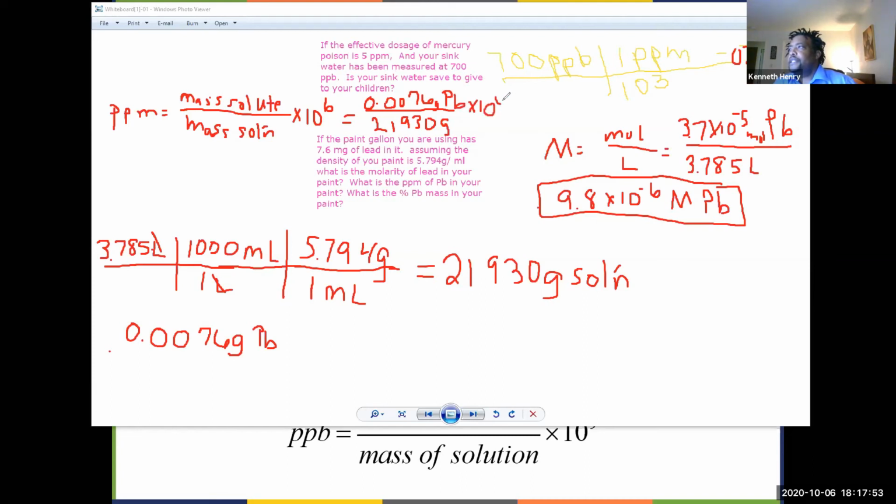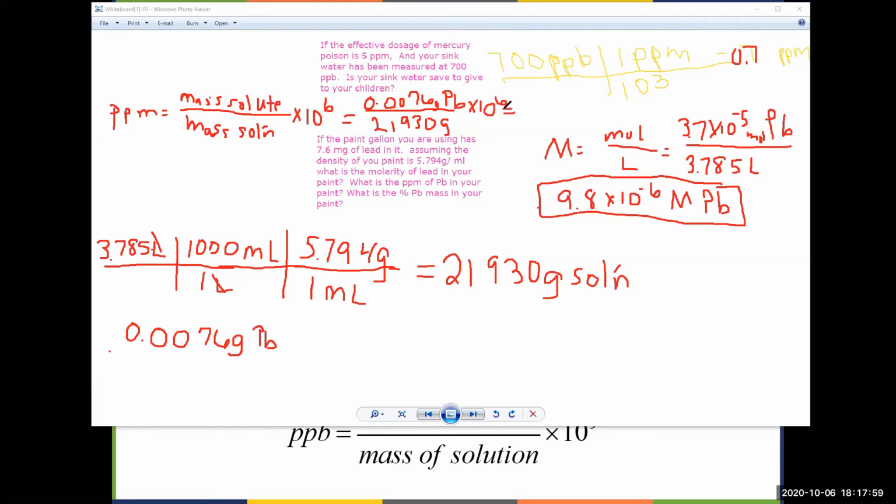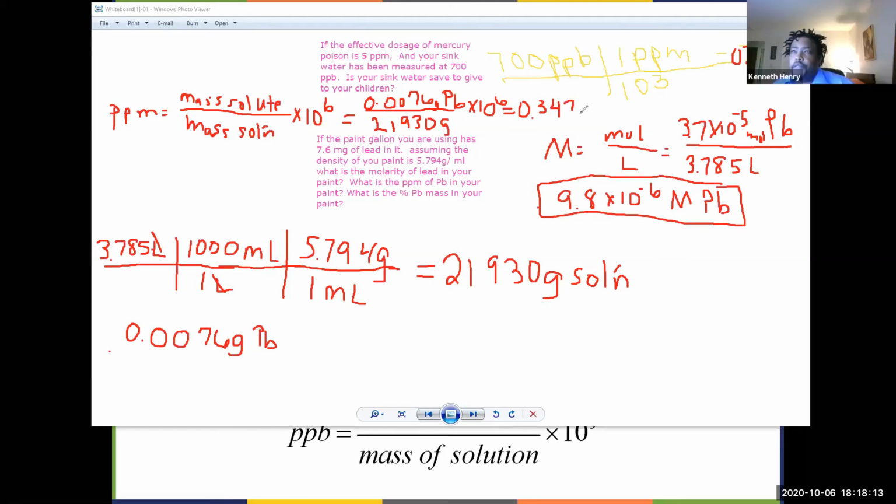Times 10 to the 6. So then that equals 0.347. How many sig figs should I have? 3. Are you sure?